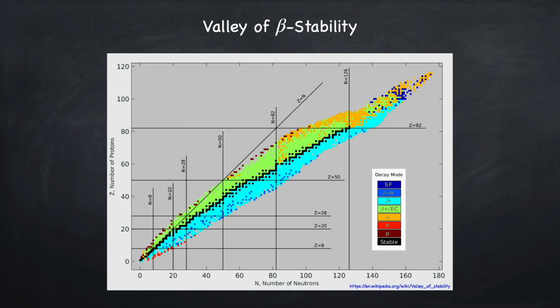So now what's going to happen if you have an unstable nucleus? Well, let's say you have a nucleus that's over here in this area right here. It's going to decay into another nucleus, and if that nucleus is unstable, it'll decay into another one, and if that's unstable, it'll decay into another one, and you'll get this sort of pinball effect from one nucleus to another until you decay to a stable nucleus.